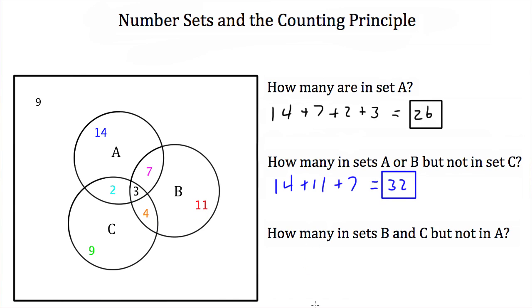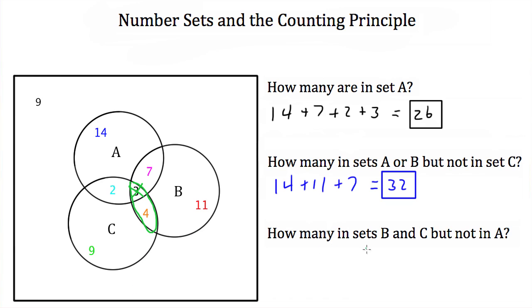Now lastly, we're asked how many are in sets B and C, but not in A. So for a set to be valid, it has to be in both B and C, but not in A. So let's find all of the possible elements that are in both B and C. That would be all of these elements. 3 of these elements, though, are also in set A, and we've decided to exclude them, but not in A. So these don't count.